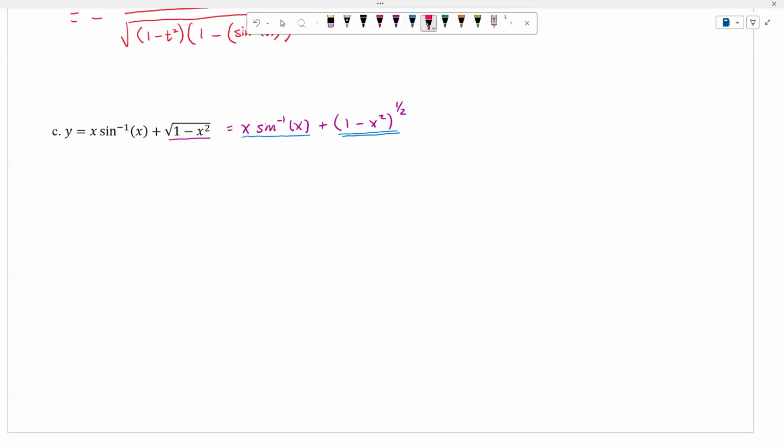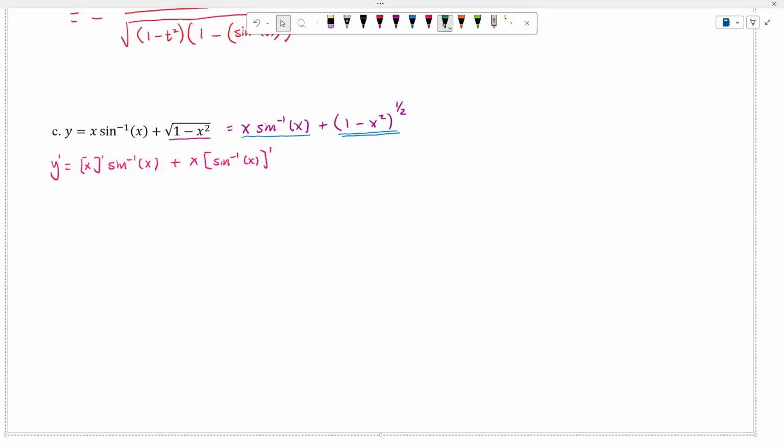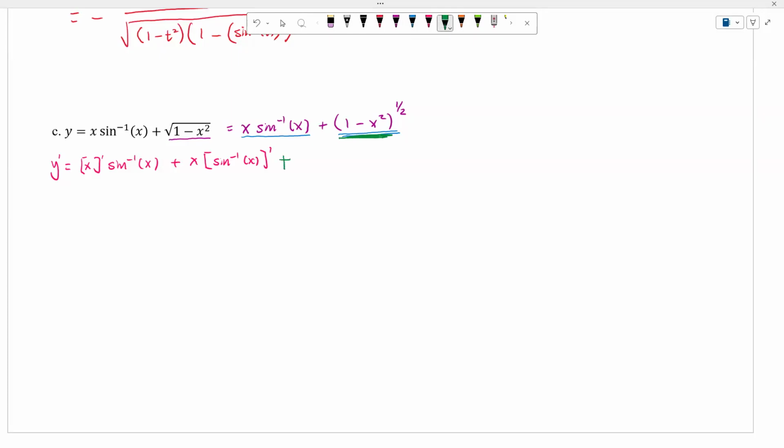Let's see. I will have y prime is equal to the derivative of x times sine inverse of x, plus x times the derivative of the sine inverse of x. And we would like to add this one right here, which will be 1/2 times 1 minus x squared raised to the power negative 1/2.